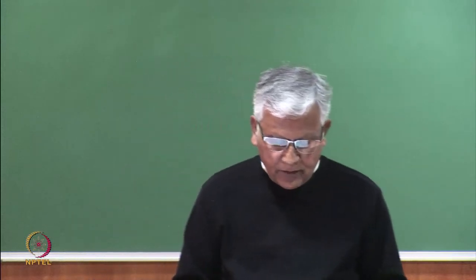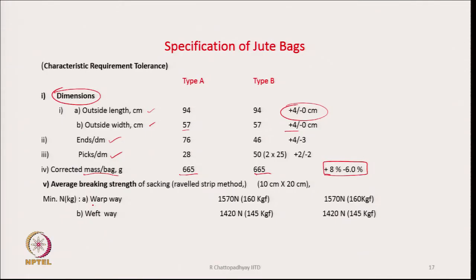Though they have specified also the strength here, that warp way strength is 1570 Newton or 160 kg force, weft way strength also has been specified. So, this is for A type of bag and this is for B type of bag.